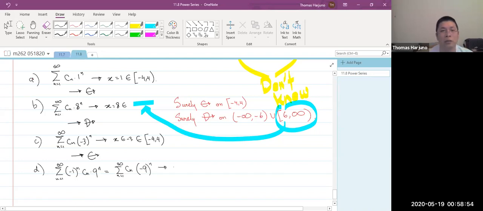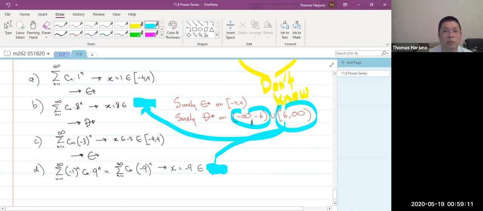So the x is -9, which is in this here. Actually, to be precise, in this, such that it is divergent. So this series is divergent.